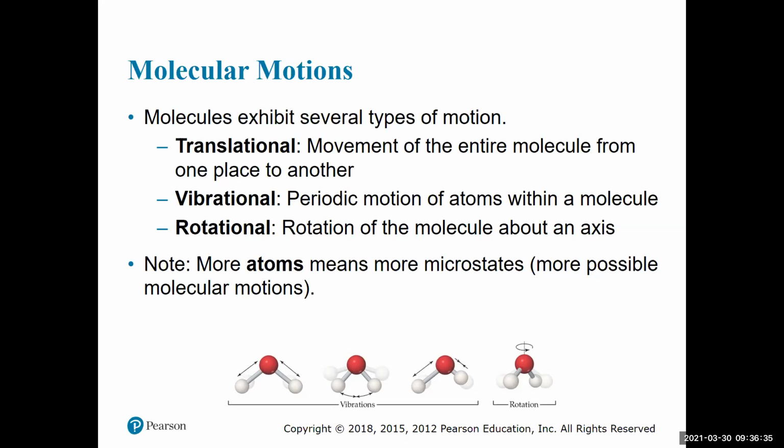It can occur between the red and the white one on the right, the red and the white one on the left. You can have those motions going. That's what molecules do. And you see other examples of this. The second one we see is a vibration where these two white ones are kind of going out and in, out and in. The third one, you see how the arrows on the left one are drawn going out, and on the right one the arrows are drawn going in.